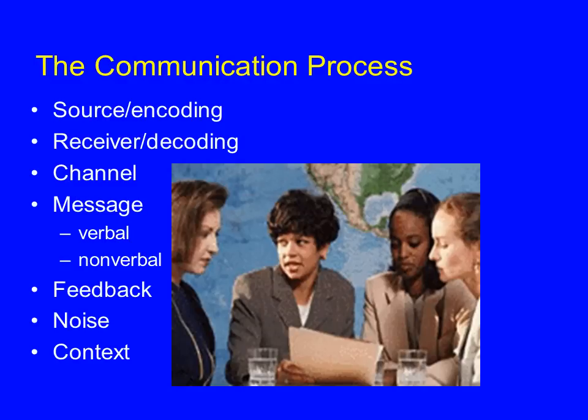All communication has to take place in some kind of a channel, and this will be one of your sensory channels. It may be audio, it may be visual, it may be your sense of smell, it may be by touch, it may be a combination of these.